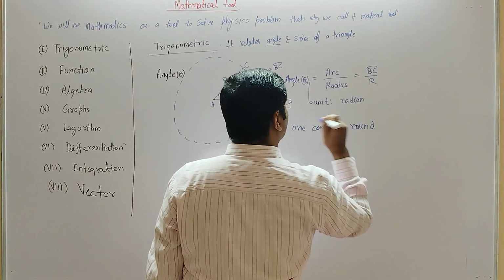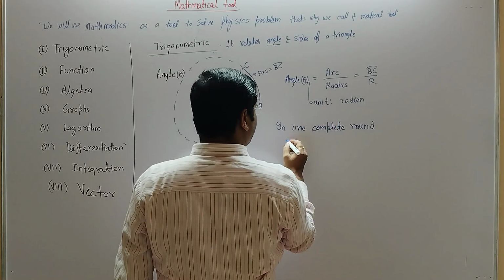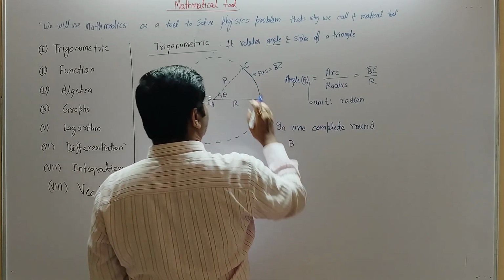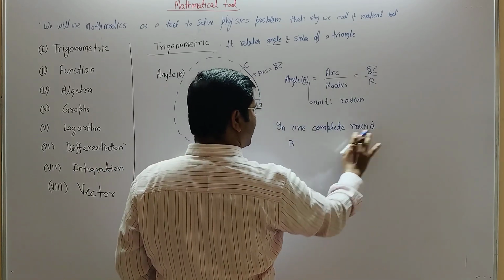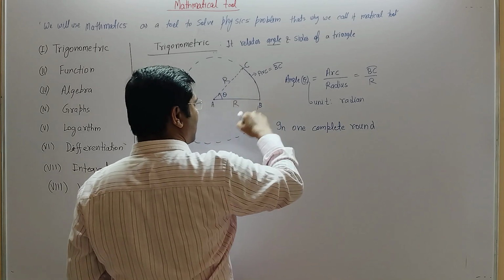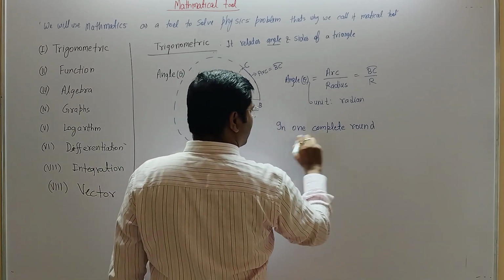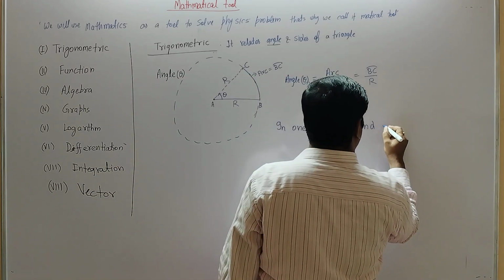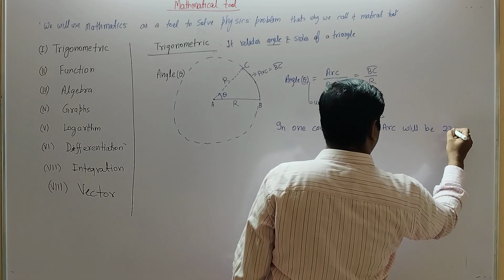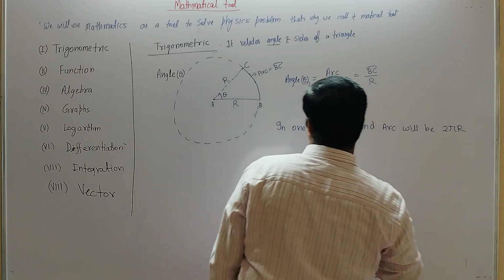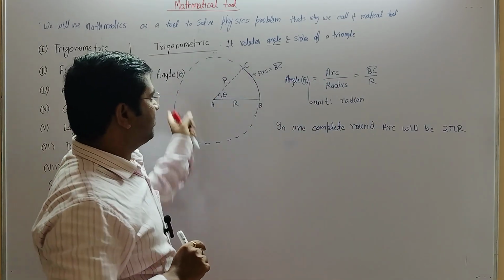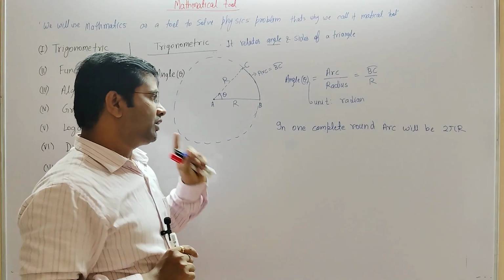In one complete round, the arc will be equal to 2 pi r, one perimeter. Because in one complete round it will move along the circle, one perimeter, and that perimeter is 2 pi r.